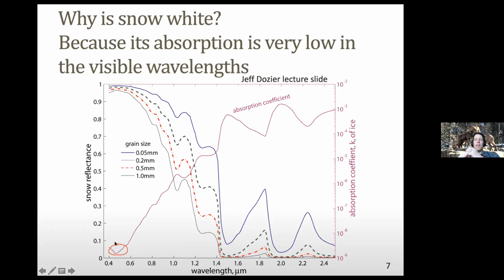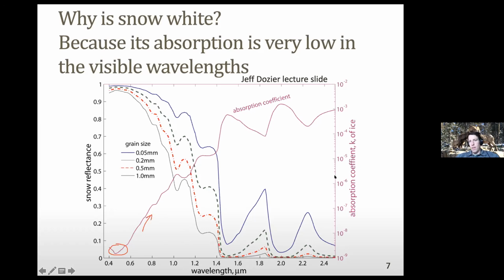The point is, it doesn't get absorbed. So that means when the light hits a snow grain, it's much more likely to bounce off and do what we call scattering rather than be absorbed when the absorption coefficient is that low. But as you can see, the absorption coefficient starts increasing as you get into longer wavelengths.